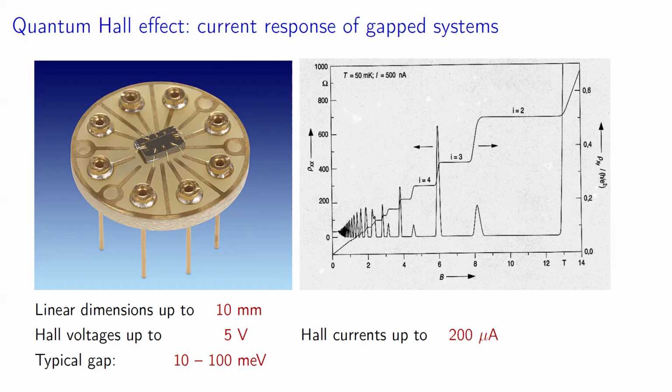There's no voltage drop along the current. But only if you go from one plateau to the other, you find resistance in the direction of the current that is non-vanishing.